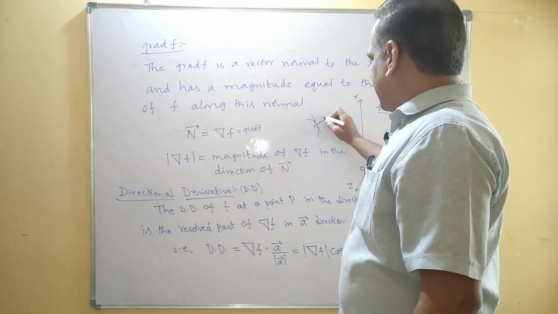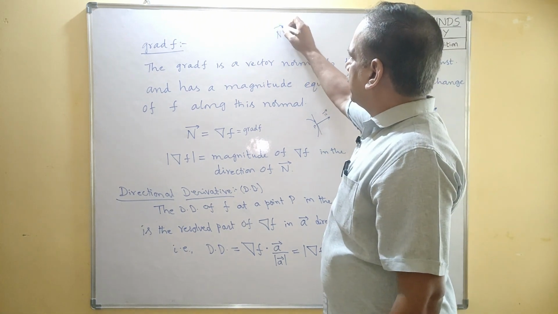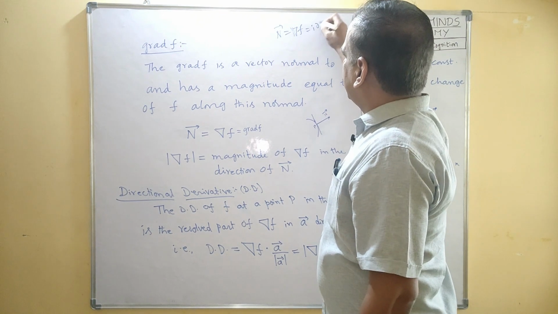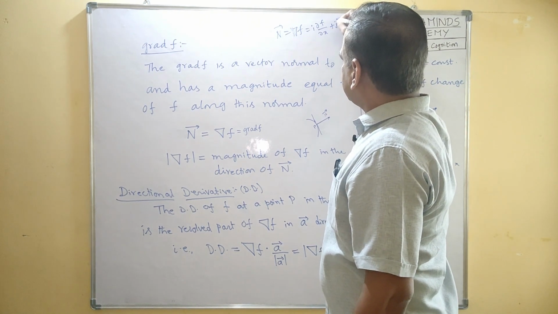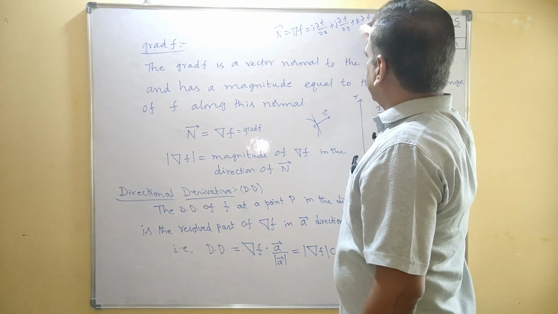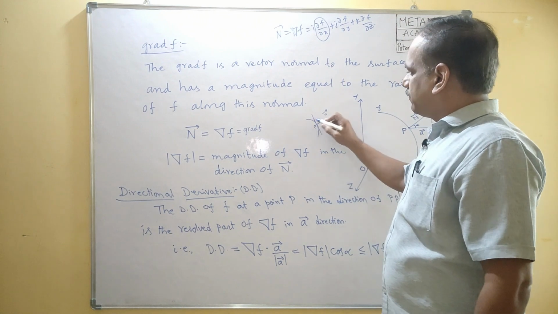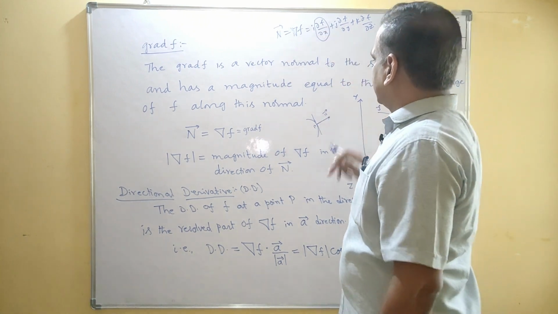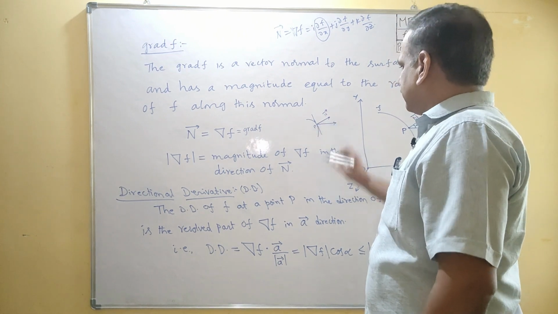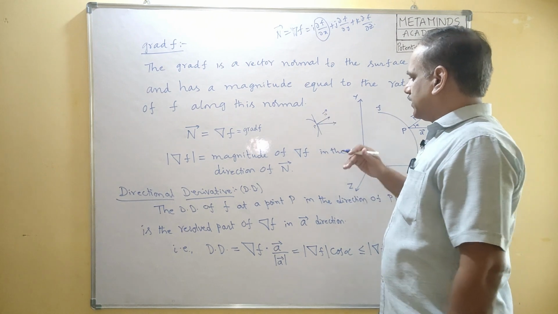So how do you get this normal n bar? It is actually a combination. What is n bar here? Del f, right? What is del f? i ∂f/∂x, j ∂f/∂y, plus k ∂f/∂z. What is ∂f/∂x? ∂f/∂x is change of f, change of the surface, change of f in the direction of x-axis, ∂f/∂x, by keeping y and z as constant.